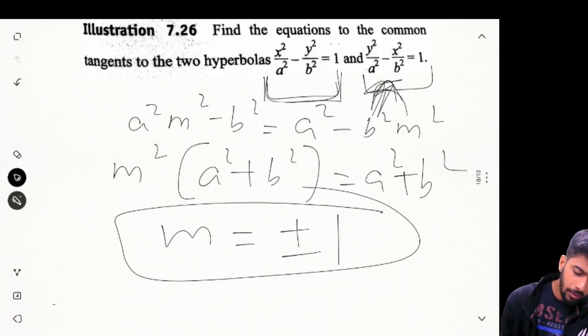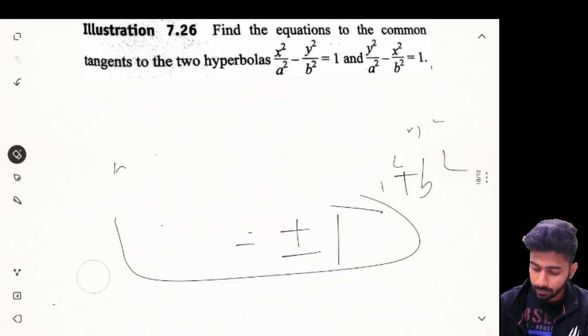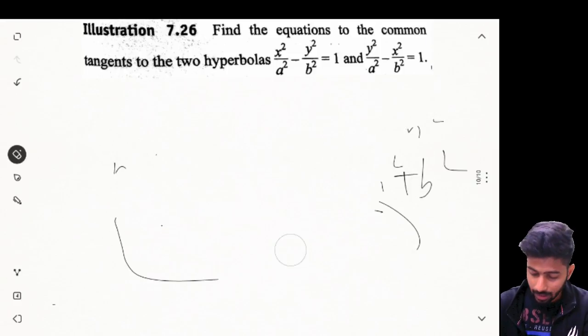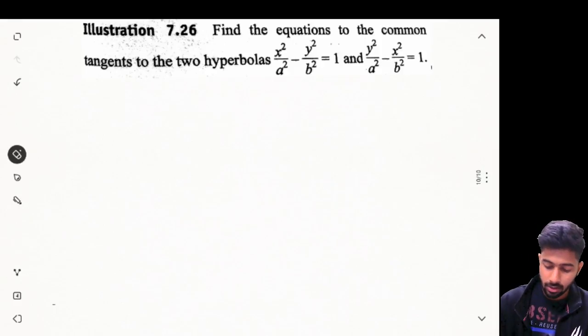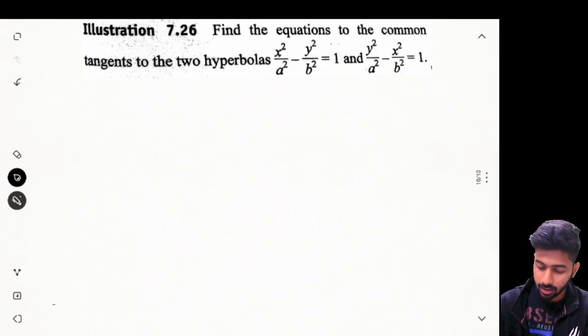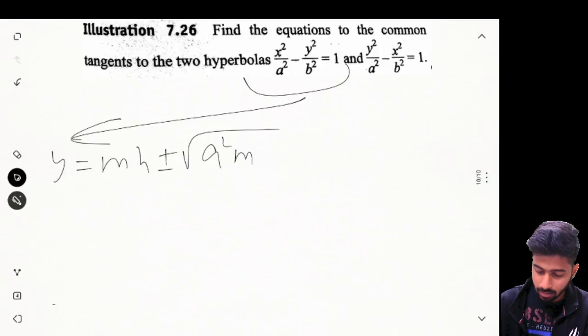In fact, I would also like to give you a simpler method to do this problem, so that you avoid solving that quadratic, because it gets lengthy with a lot of variables. For the first curve, the tangent is y is equals to mx plus or minus under root a square m square minus b square.